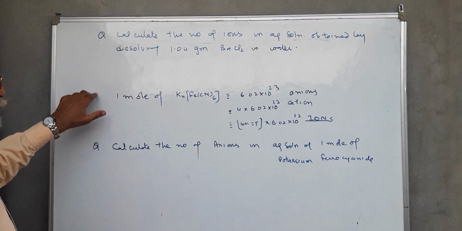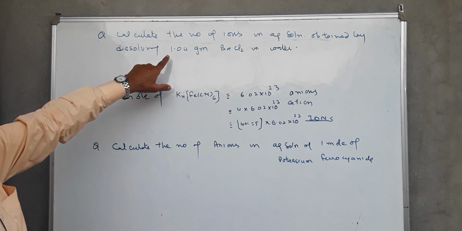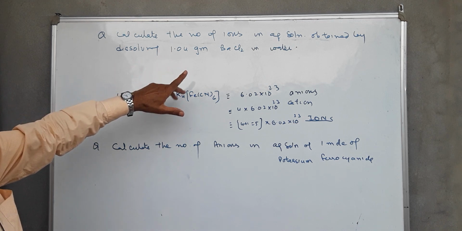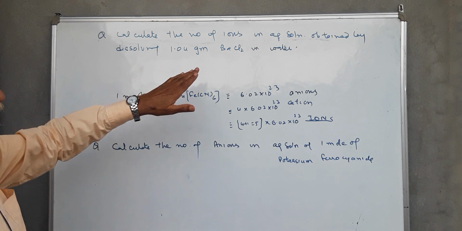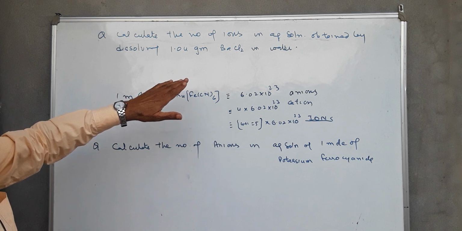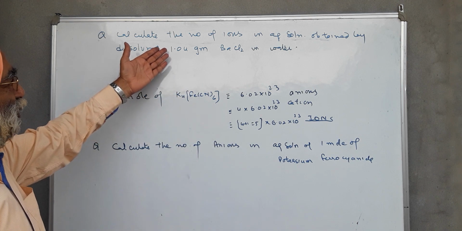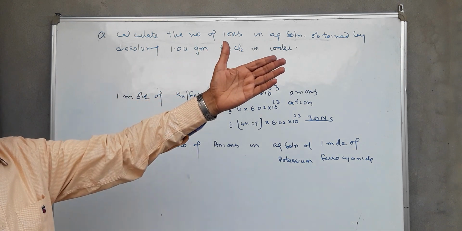Barium chloride, 1.04 grams, is dissolved in water, and it will ionize into barium cations and chloride ions. We are to find out the total number of ions in the aqueous solution.